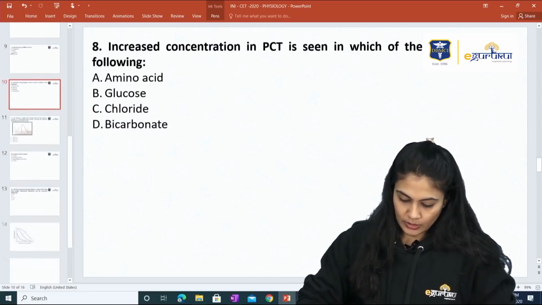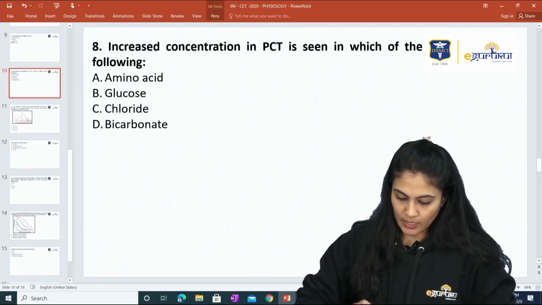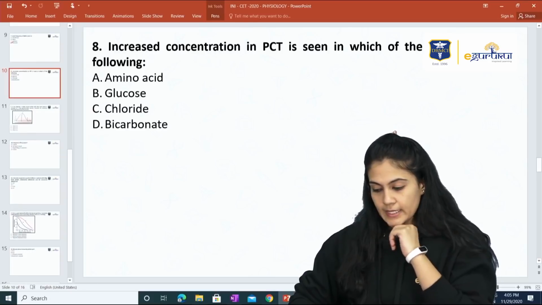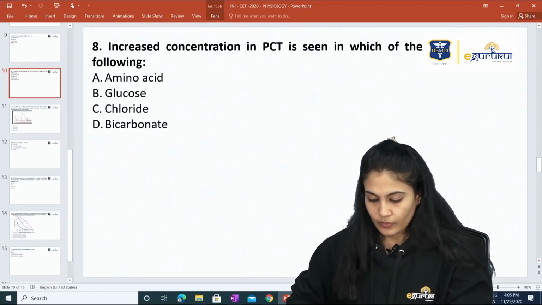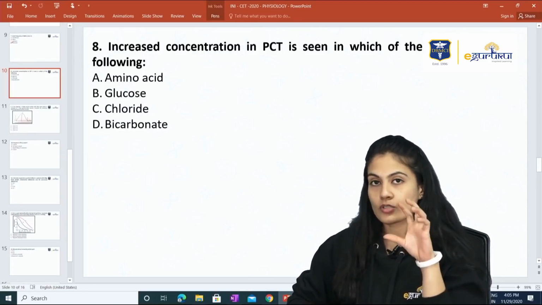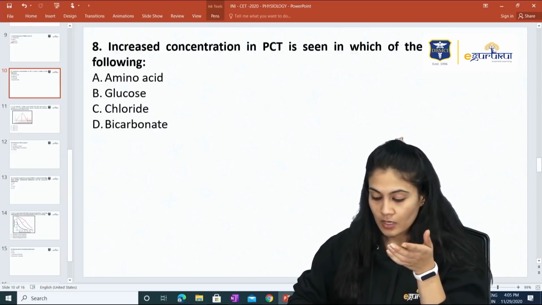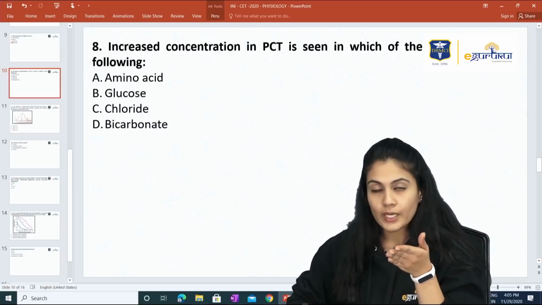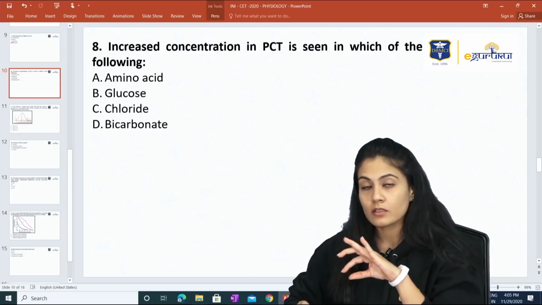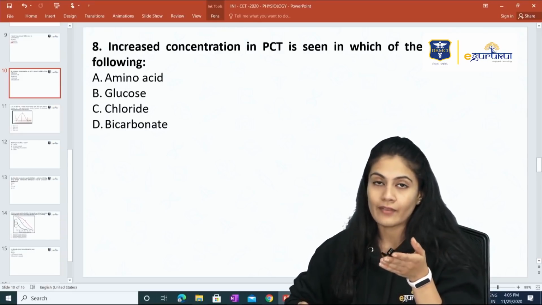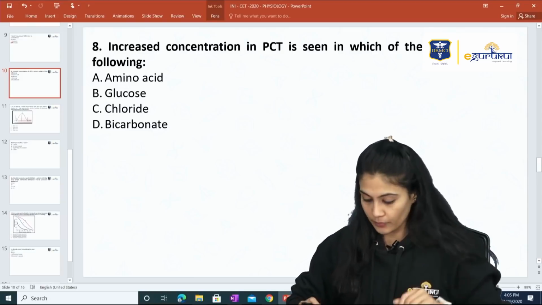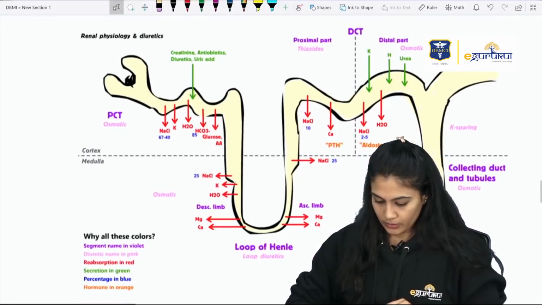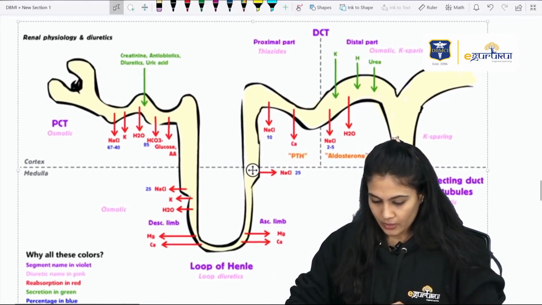Let's move to question number 8. Increased concentration in PCT is seen in which of the following? Now we are talking about the concentration in PCT. That means the substance which is reabsorbed the least is going to have the maximum concentration in PCT. We have the diagram for this also.